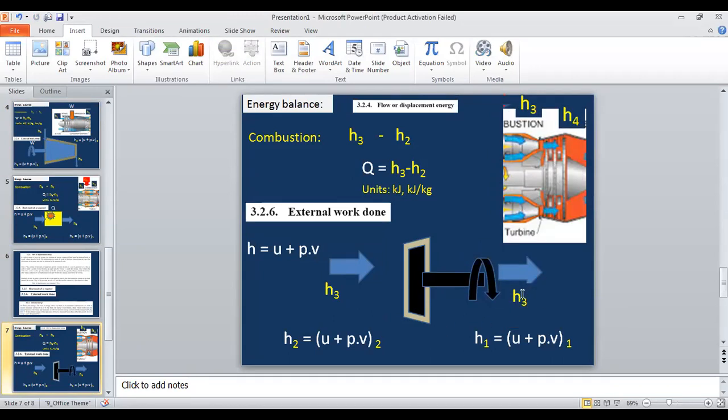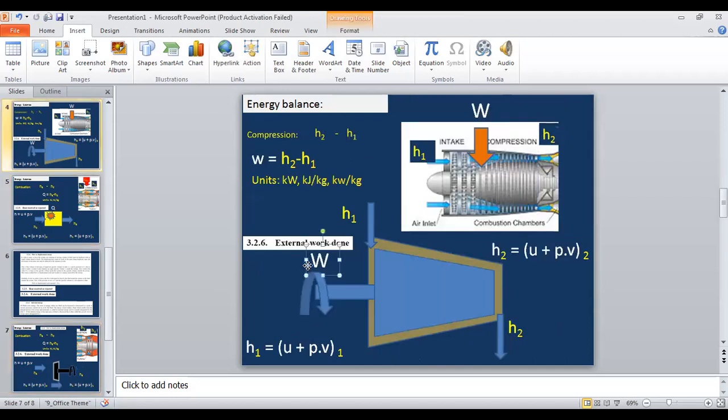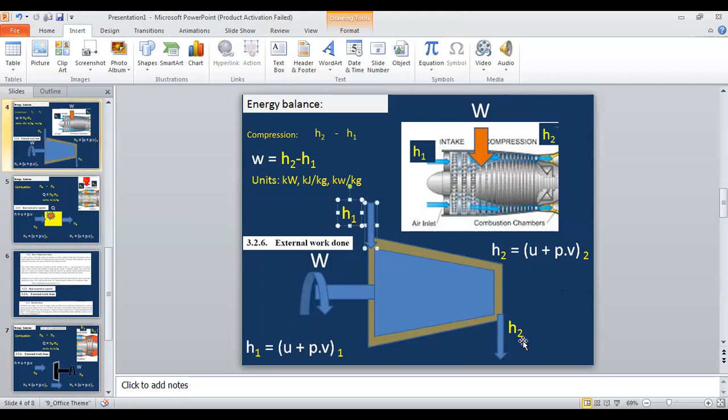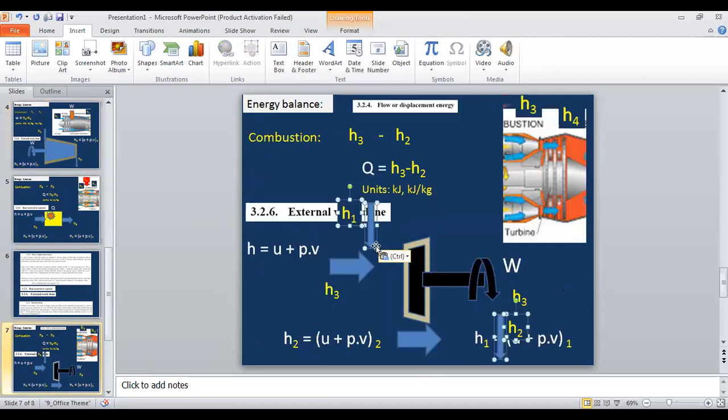Okay. Work done. What is work done? W. See, W here, same like the compression. If you know compression, you know expansion. H1 and H2. Now you have the H1. So I believe you should be understanding something very good here.